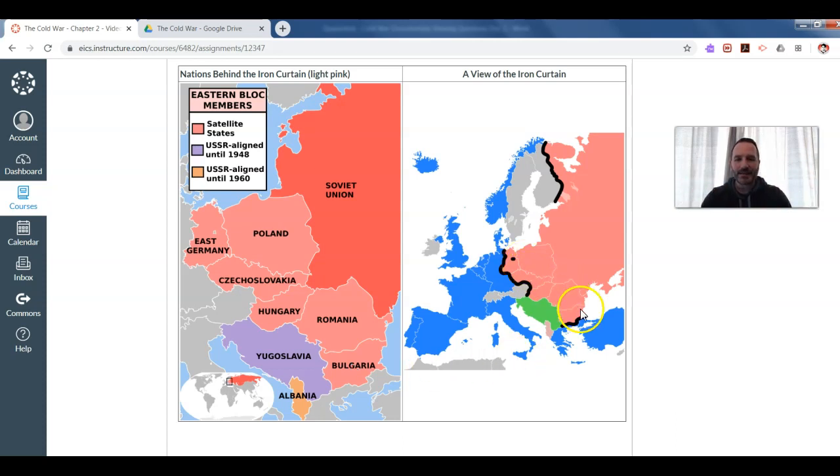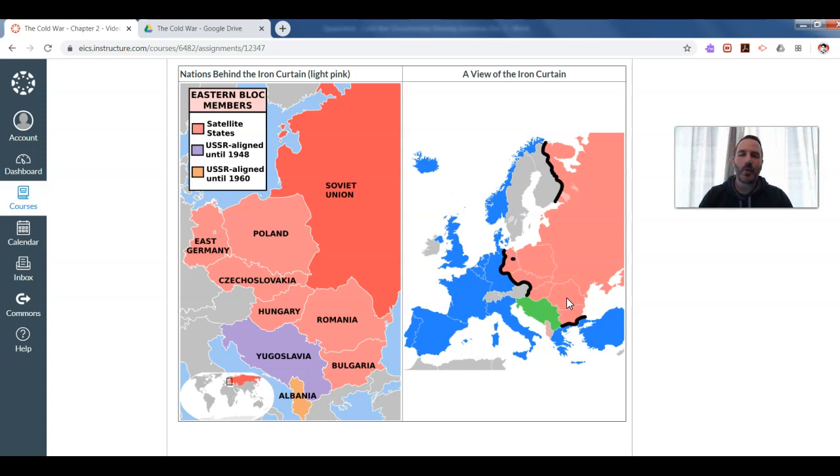So yeah, in this particular image here, guys, we can see the Iron Curtain and its ramifications between, in blue here, free Europe, which is liberal and democratic, and then to the east of the Iron Curtain, right here, we can see these nations which are behind the Iron Curtain and now controlled, as the term is, a satellite state, right?